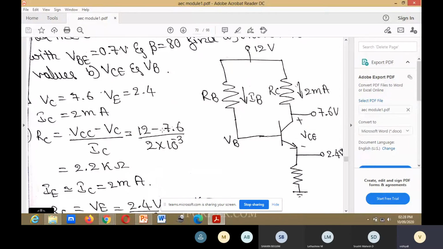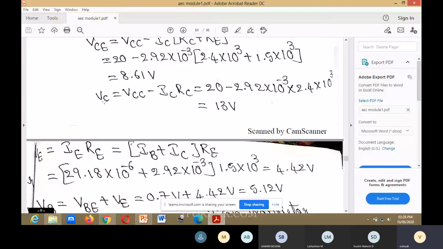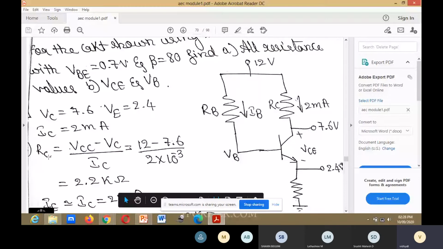Is equal to 12, VCC value is 12 minus 7.6 divided by 2 into 10 to the power of minus 3. Okay, here only, from this equation VC is equal to VCC minus IC RC. From this equation only we are finding the value for RC. RC is equal to VCC minus VC divided by IC.